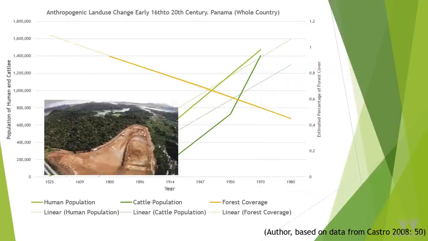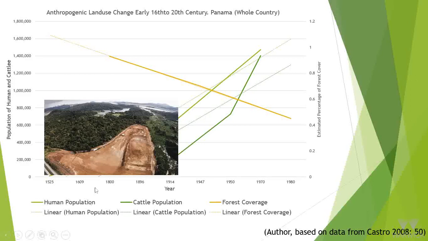The orange line, to be transparent, only has 3 data points, but this is percentage of forest coverage. While the population figures for humans and for cattle are on the left-hand side, we've got the percentage coverage. Now, this isn't quite right, so this should be whole numbers. So 0.2 would be 20%.